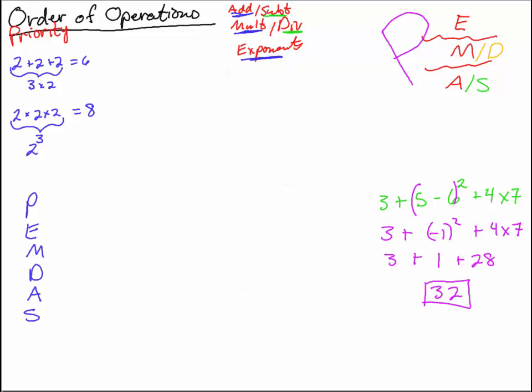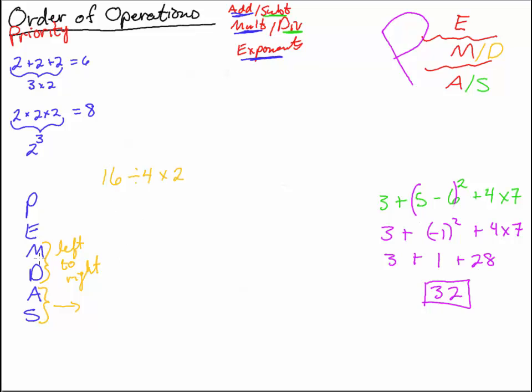Now, for those of you that are familiar with that, multiplication and division, if you remember this correctly, must go left to right. If you don't, you could mess it up. Here's an example of that. I'll put another one down here. Addition, subtraction must happen left to right. 16 divided by 4 times 2.